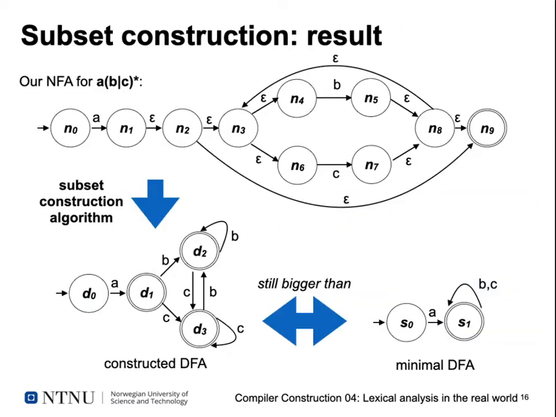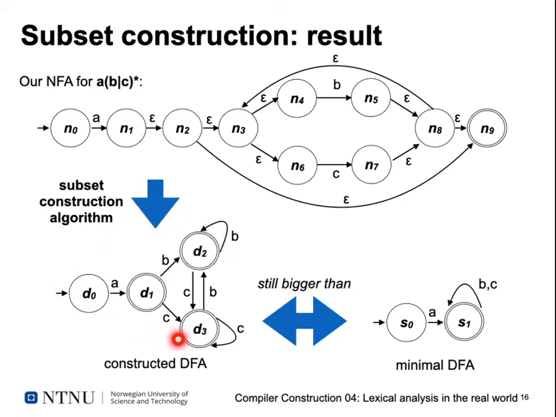So what we can achieve now using our subset construction algorithm, we can go from this very complex NFA to detect this regular expression, so strings that match this regular expression, to this less complex deterministic constructed DFA, which is equivalent, so it detects the same language.